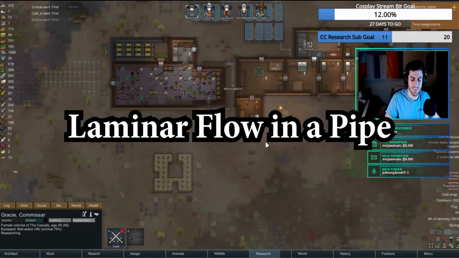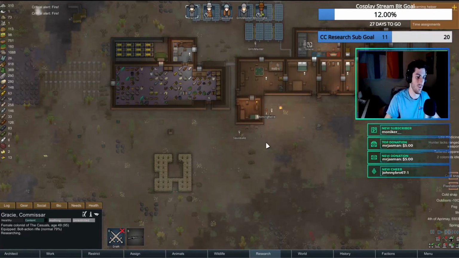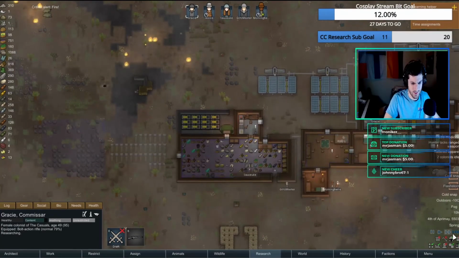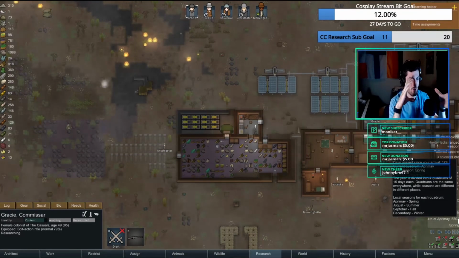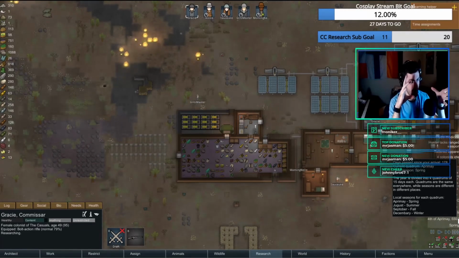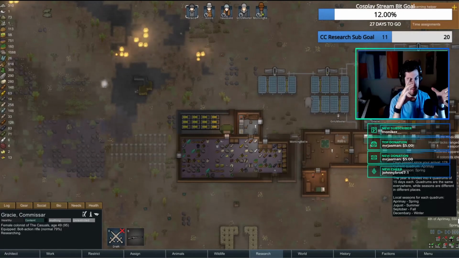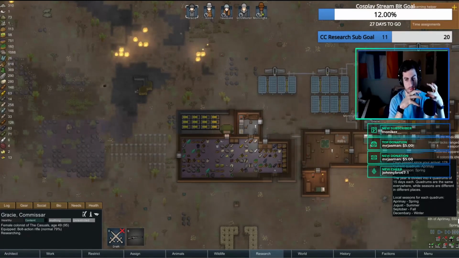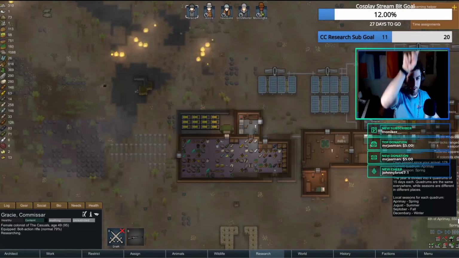Okay, all right, interesting chemical fact. We're doing a chemical engineering fact today. Did you know that if you have fully developed flow in a pipe that is laminar, then the velocity profile is actually like a little bow and arrow?